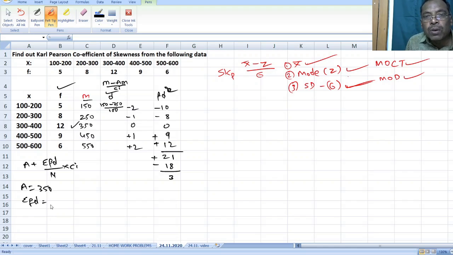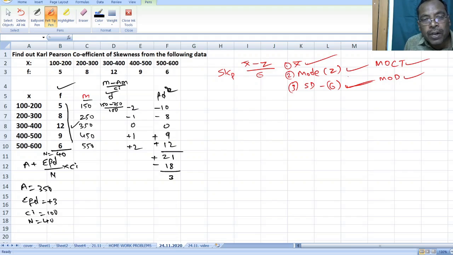Summation fd is equal to plus 3. And what is class interval difference? 100. And what is n? When you add up all the frequencies, you will get 40. So n is equal to 40.